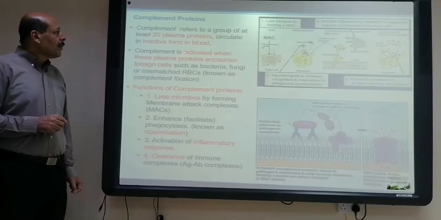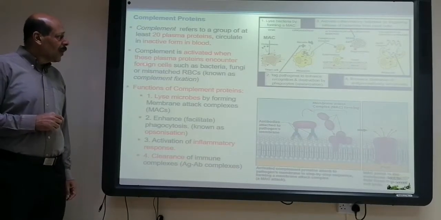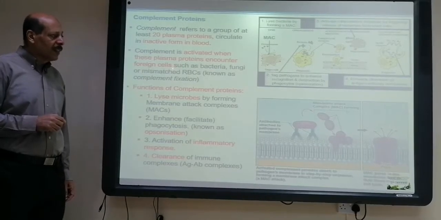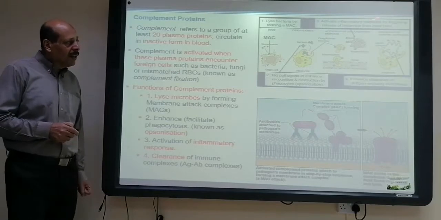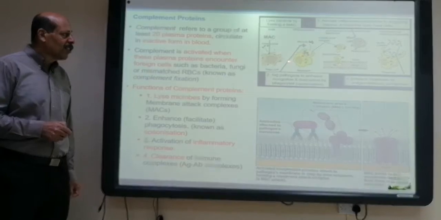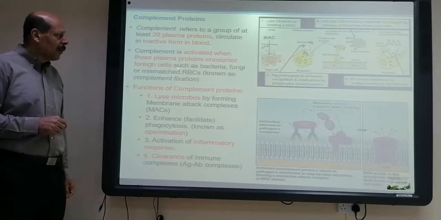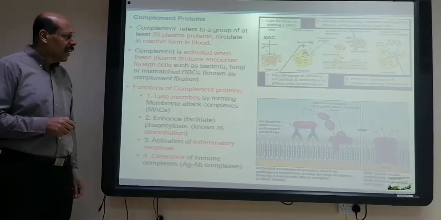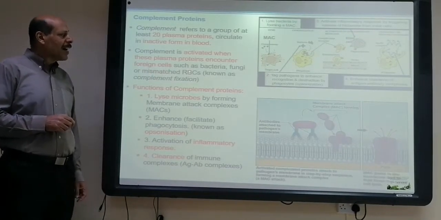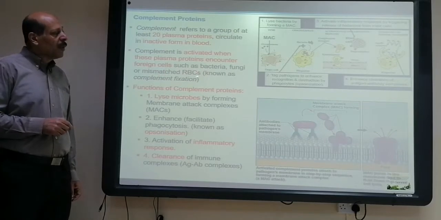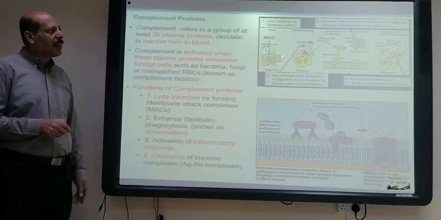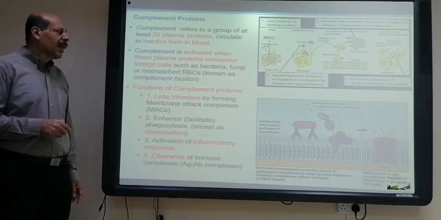Complement is activated when these plasma proteins encounter a foreign cell. So they are activated when any abnormal cells or antigens are present in our blood, like bacteria, like fungi, like also mismatched red blood cells in case of blood transfusion, if it is not from the same group and it has antigen.